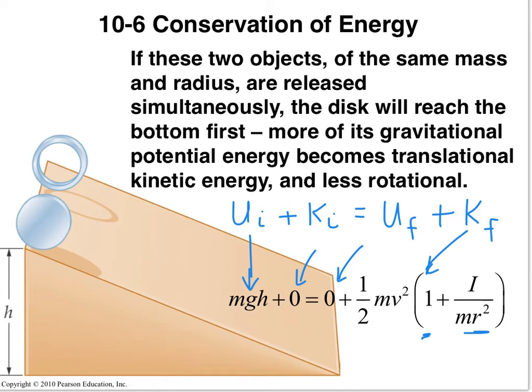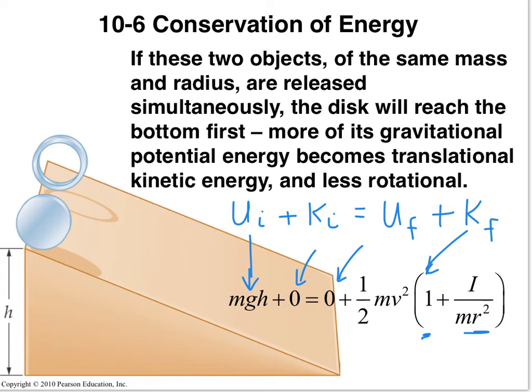Now we can apply that to the disk and the ring exactly, because we can work out what I is. Now, as I wrote down here, for the ring, I is mr squared. So if you look at the term, now I know this is little r here, it really should be big R, but it doesn't matter.